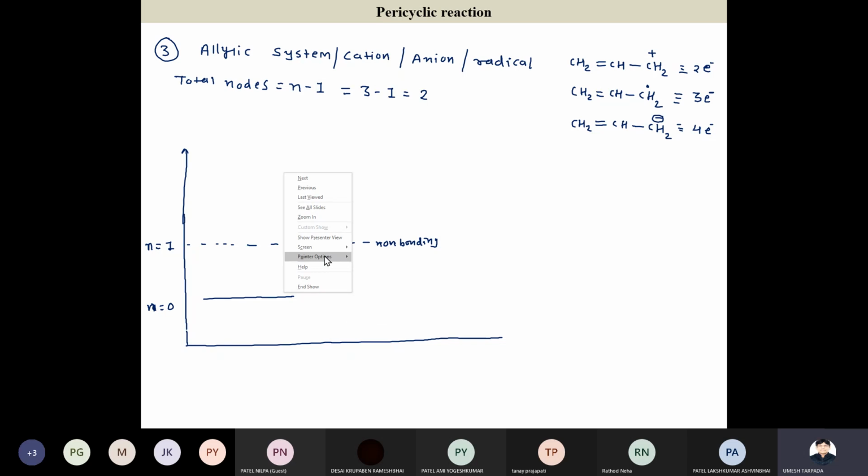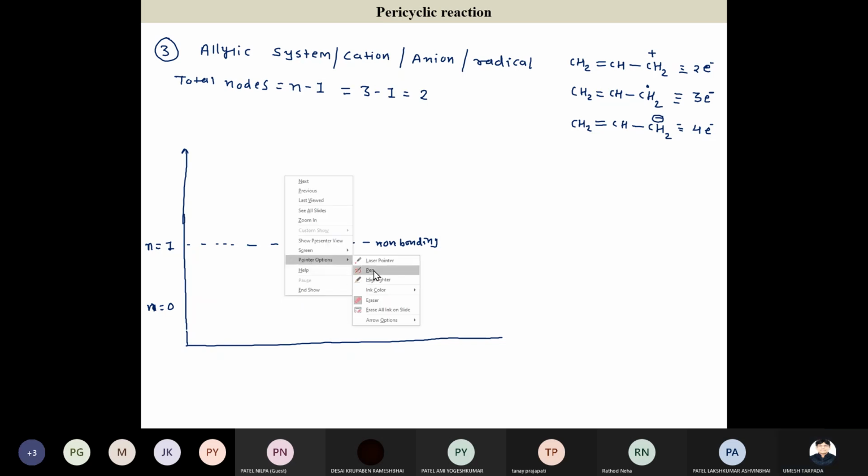You can draw this structure in whatever way. If you want to draw it in something like this way, you can draw it like this.